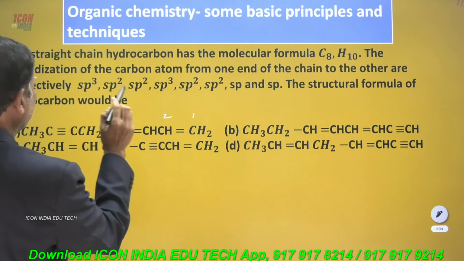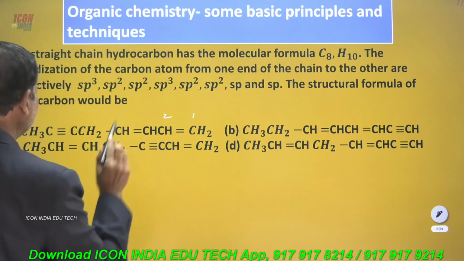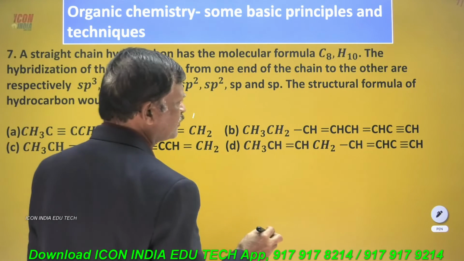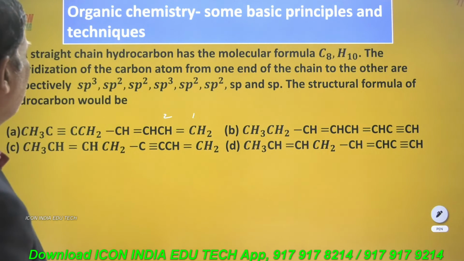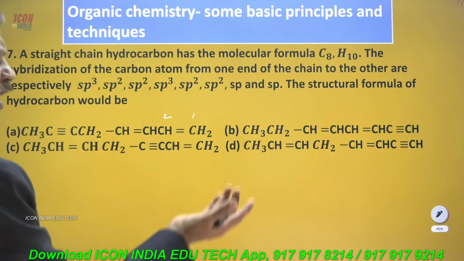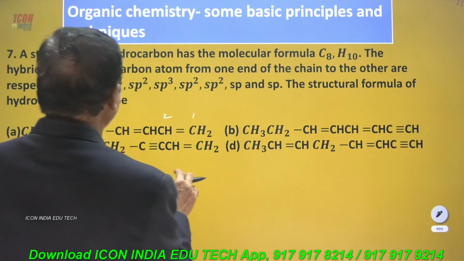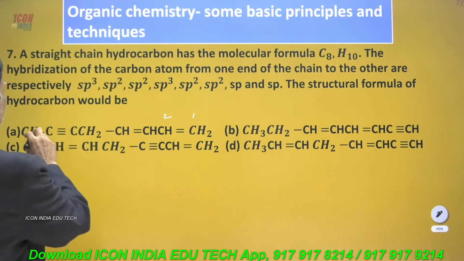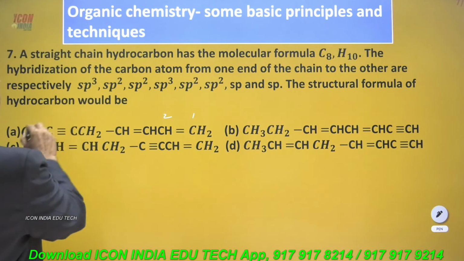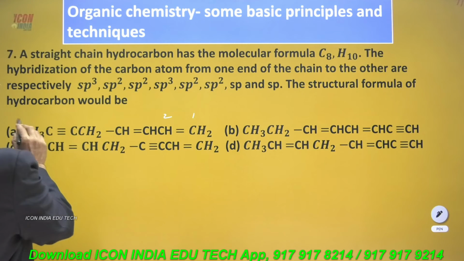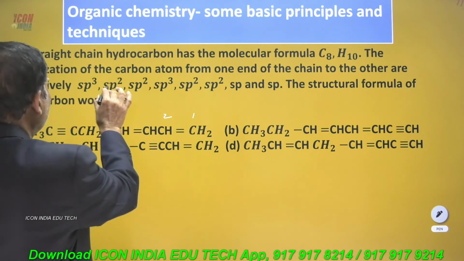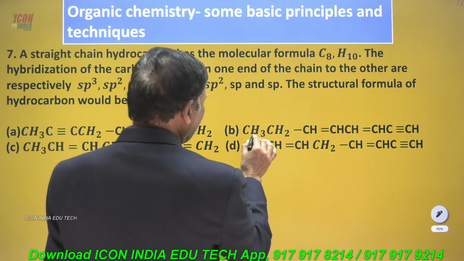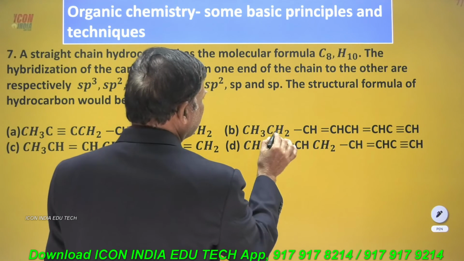sp3, sp2, sp2. No, the first option is ruled out. From one end to the other end means even the first option is not it, because the first carbon is sp3, the second carbon is sp, but they mentioned sp2. In the second option, sp3, this is sp2.